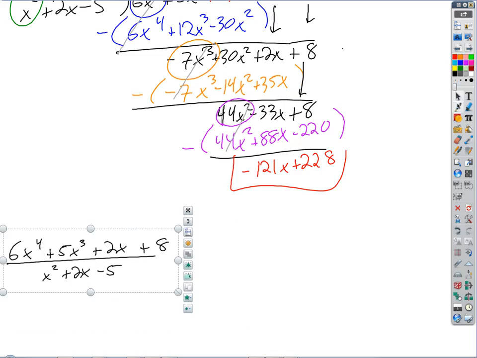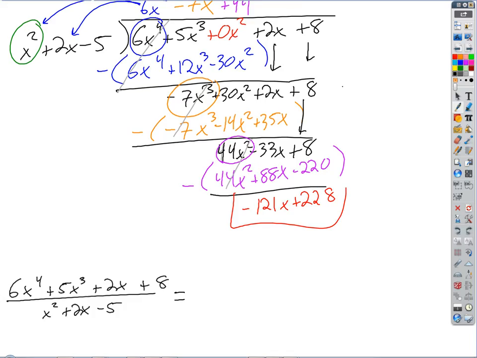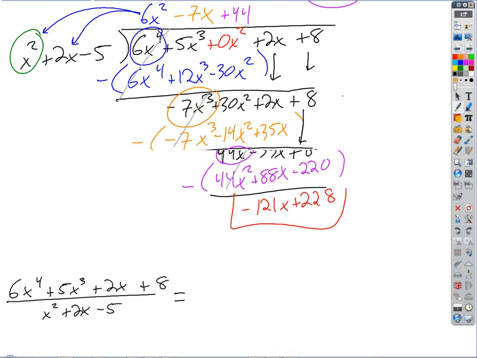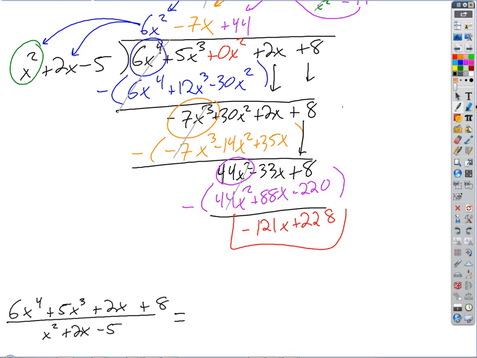So that original quotient is going to be equal to my answer, which was what? 6x squared minus 7x plus 44, right? There it is.